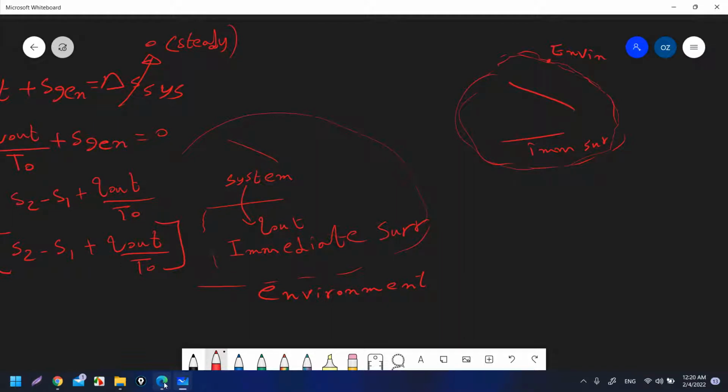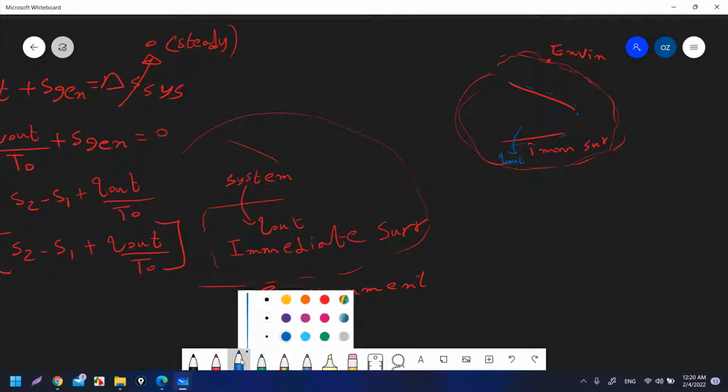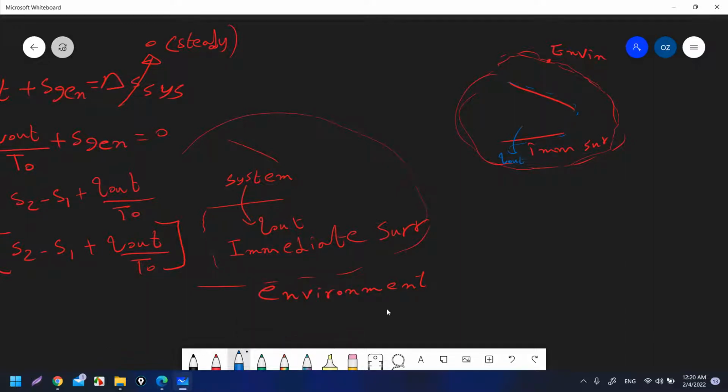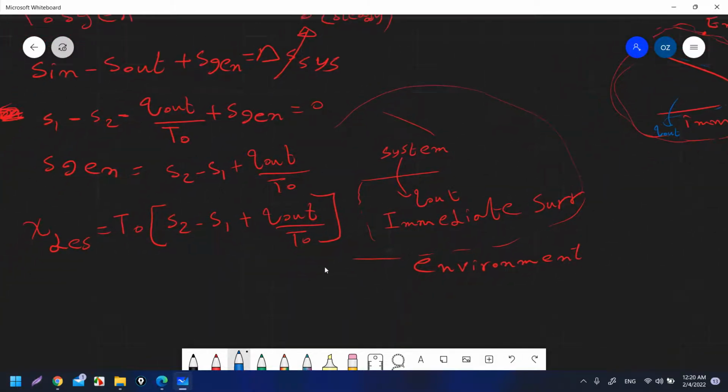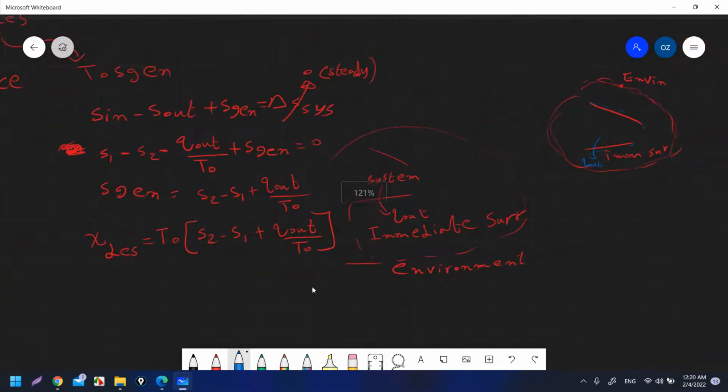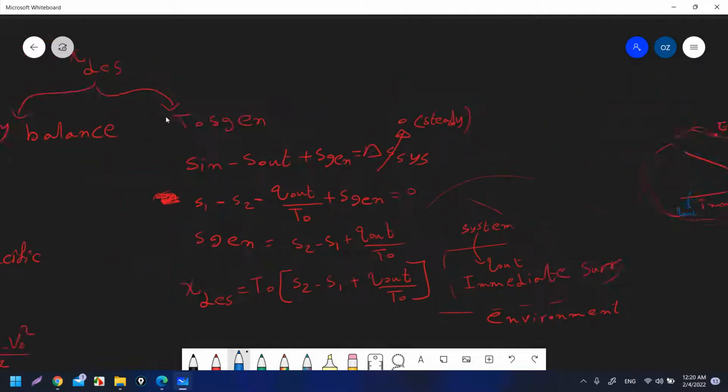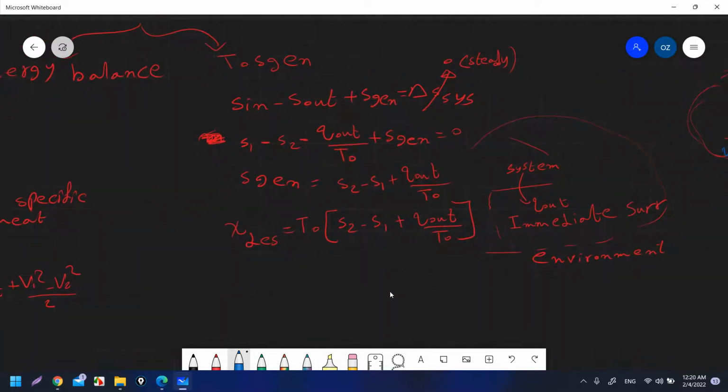Why am I doing this? Because if I take the exergy balance only around the system, that means there will be a Q out, and this will affect my results, and I will not get the same value for T naught S generation.